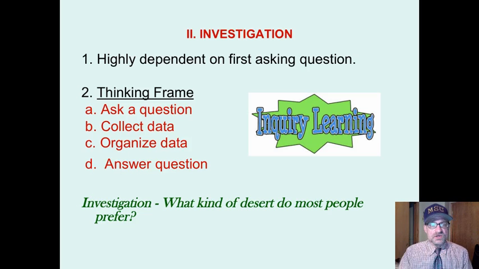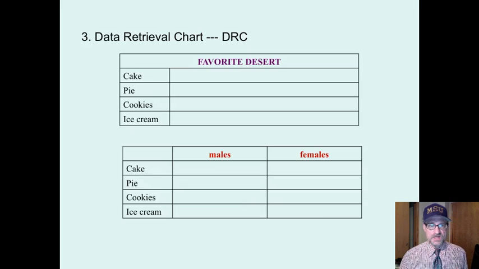Investigation: you ask a question first, collect data, and then organize data to answer the question. For example, in inductive analysis, we didn't ask a question, we just looked at reality and created groups. Here we ask a question first. For example, what kind of dessert do most people prefer? How would you answer that question?